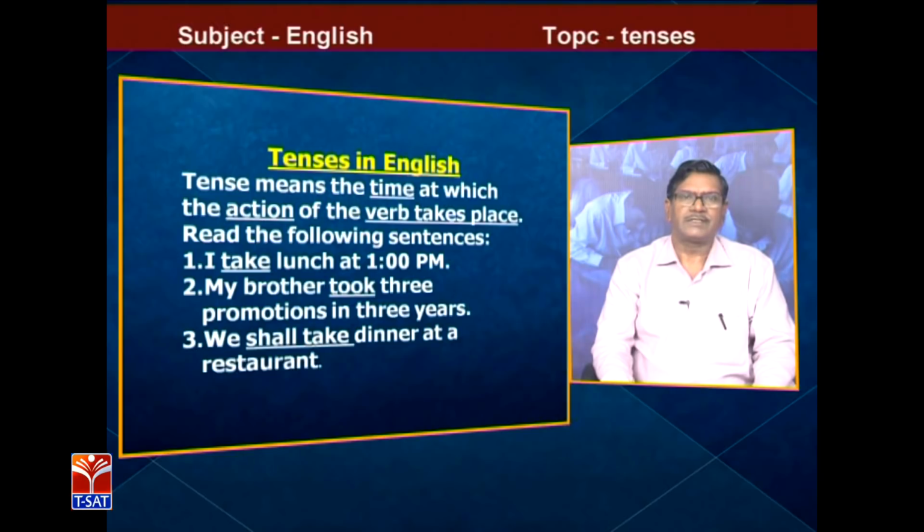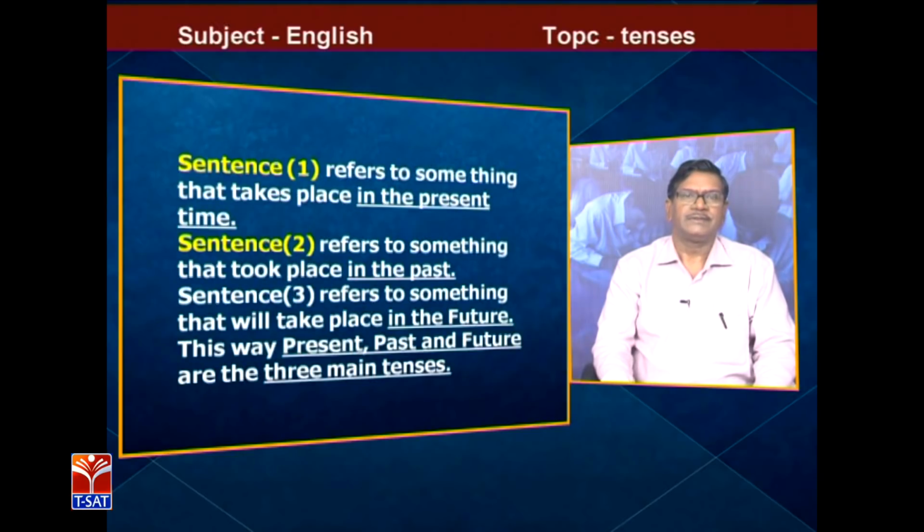The first sentence expresses a usual sense, the second one expresses the past event, and the third sentence expresses a future event. So, the tense is the time at which the action of the verb takes place.